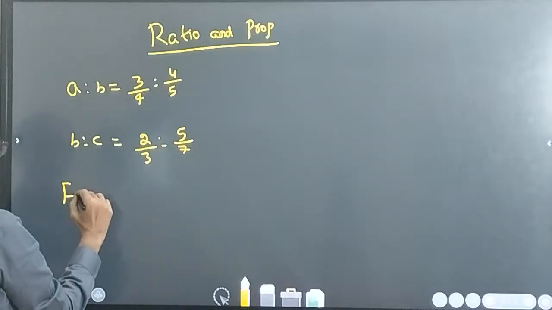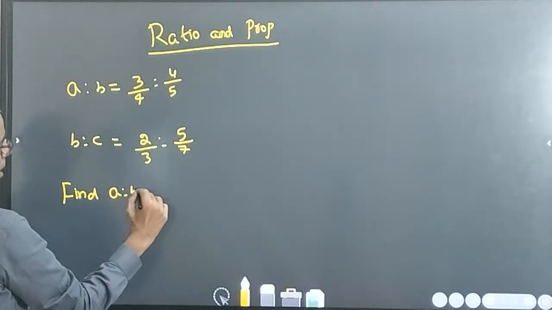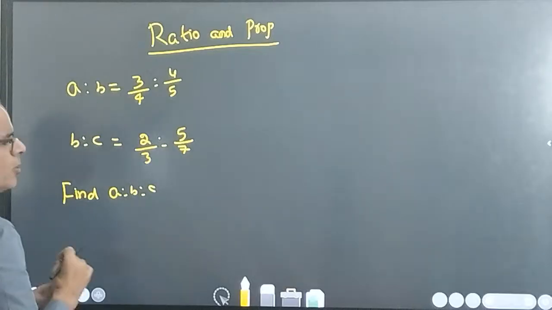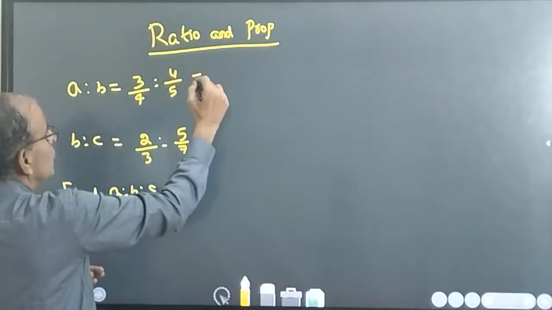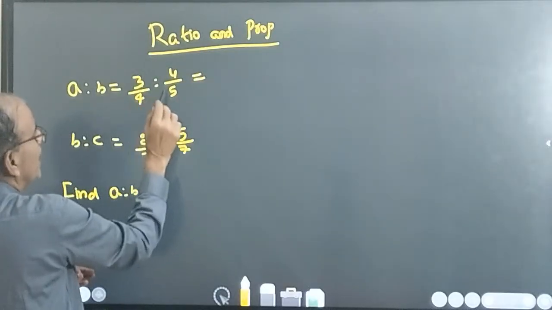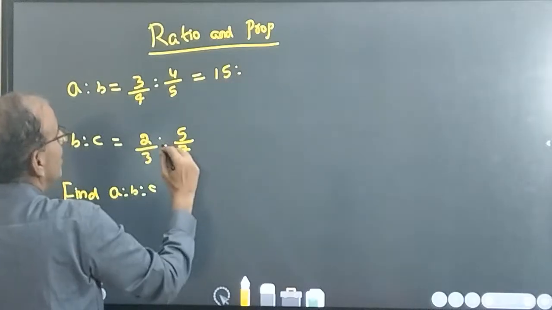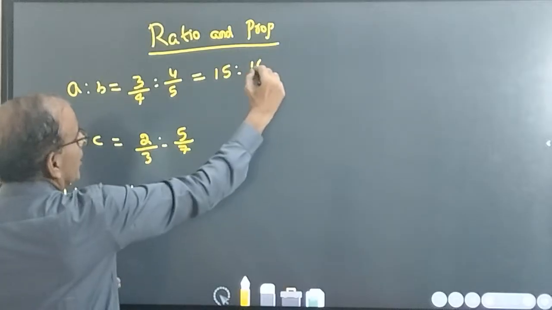Find A is to B is to C. They are giving it in fraction form. Do not do anything. What is A is to B? Just multiply 3 by 5. What is the answer? 15. What is the B value? 4 into 4, how much? 16. You write like this.